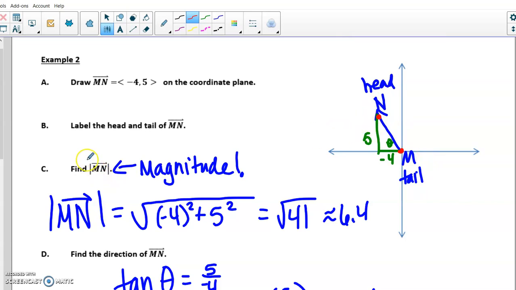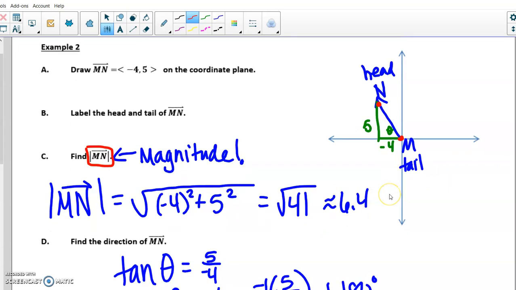Again, to get the magnitude, and this is just the notation, it's going to always be positive because you're talking about the size of something. So that's why the absolute values are there to symbolize magnitude. So we do the square root of the one leg of our triangle, the horizontal component -4 squared, plus the vertical component 5 squared. And on this one, you also get the square root of 41, which is approximately 6.4.